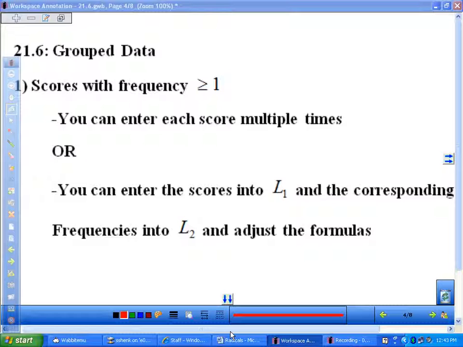So again, scores go where? L1, frequencies go L2. Scores into L1, frequencies into L2. And now it's just adjusting those formulas then. So what I've got provided here for you are the formulas that you'll have to write on paper. And right next to them, we're going to explain how it needs to be done in the calculator.